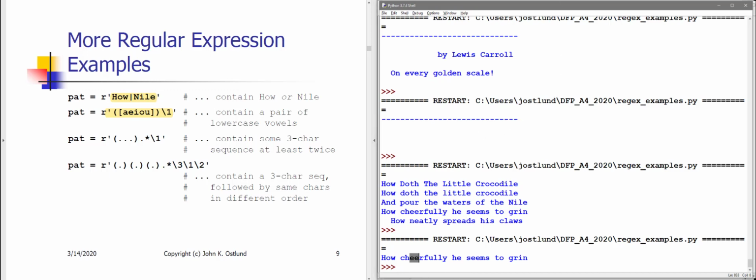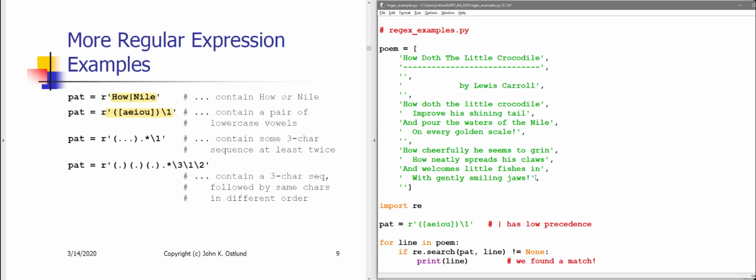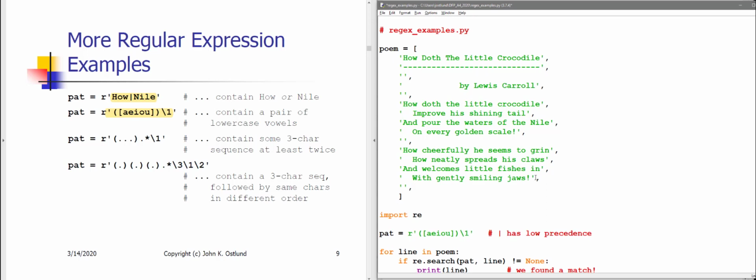Let me modify our poem. We're going to add a blank line and then: Alice feeds her aardvark some cool ants. Not very poetic, I will grant you.